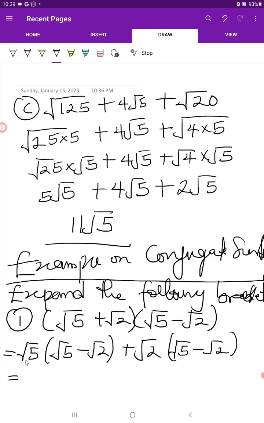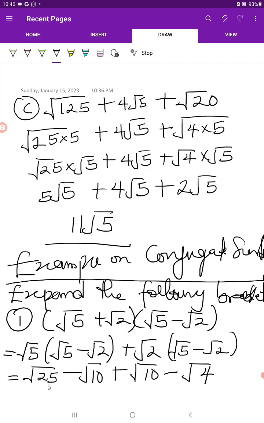So root 5 times root 5 will give you root 25, minus root 10, plus root 10, minus this will give you root 4.